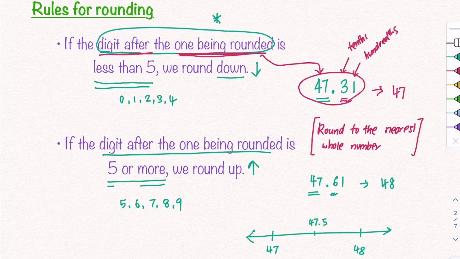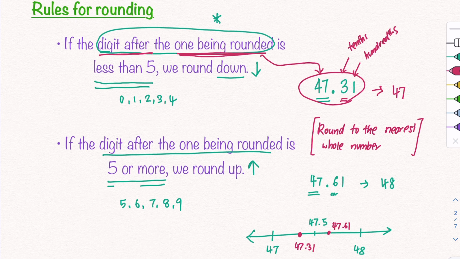So for the two decimal numbers I have, 47 and 31 hundredths and 47 and 61 hundredths, let's think about where they would be sitting on the number line if this is 47, 48, and 47.5. I would say 47 and 31 hundredths would be sitting about here approximately. And 47 and 61 hundredths would be about here.